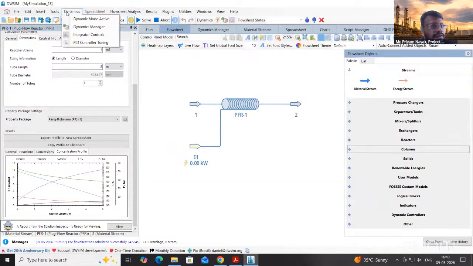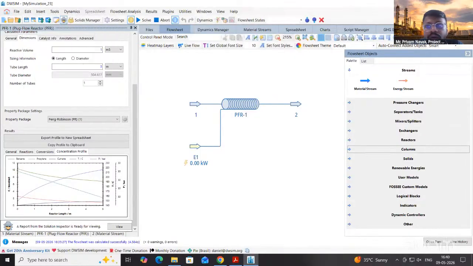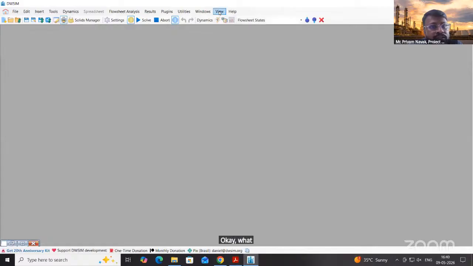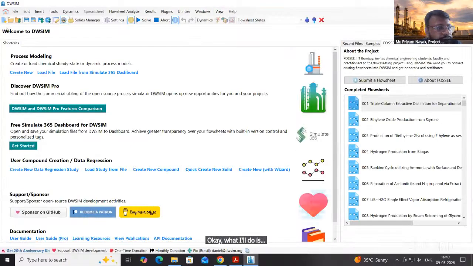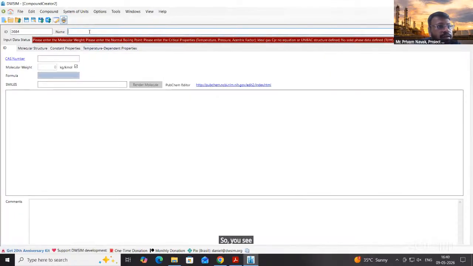What I'll do is create new compound. You see, I went to the home screen and there was this option called create new compound.